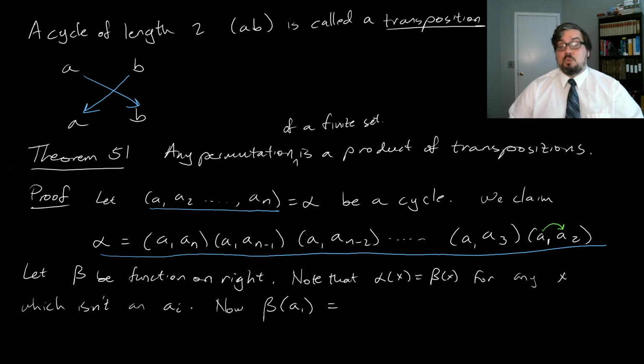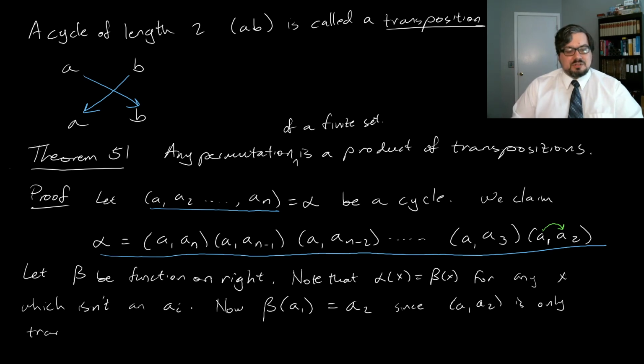A2 only appears once in this set of transpositions, and therefore beta of A1 is going to be A2, since (A1 A2) is the only transposition including A2. Okay, so then let's look at what happens to beta of AN.